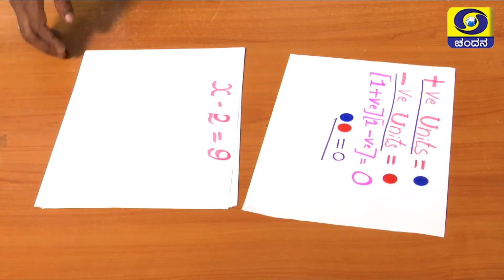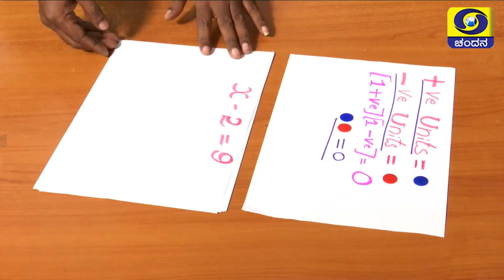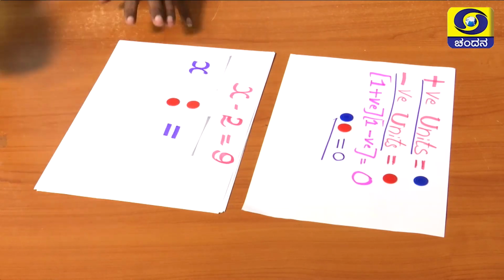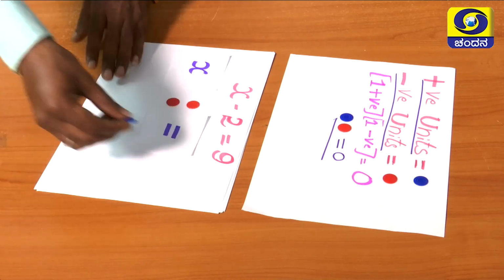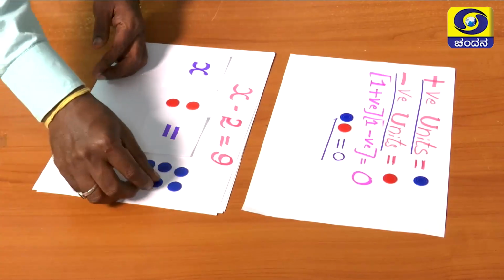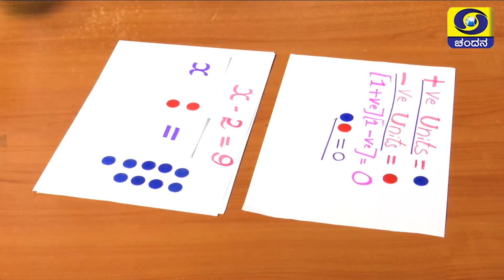Second question is x minus 2 is equal to 9. Here x minus 2 means negative 2, is equal to positive 9. Here what is the operation? To separate x, you must add 2 on both sides. To add means positive.